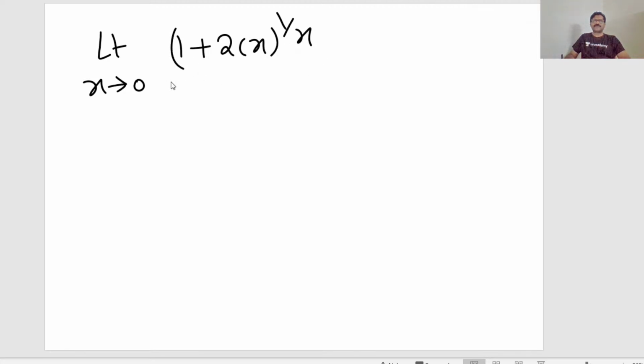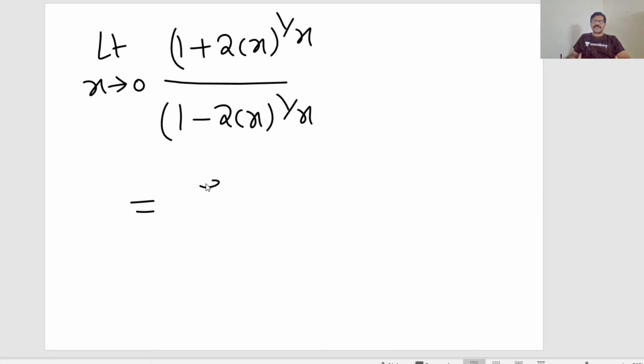Therefore, you can write it as e power 2c by e power minus 2c.